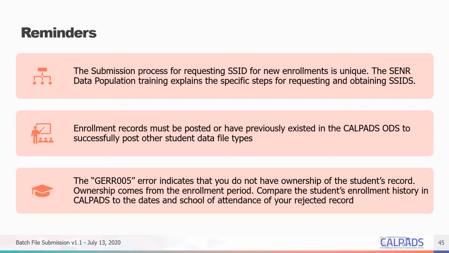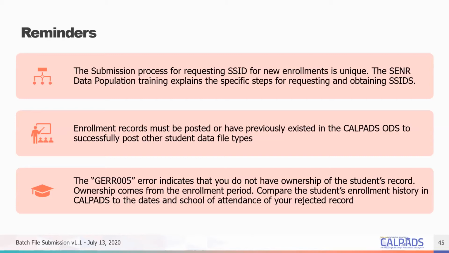There is a training called the SENR Data Population Training that will demonstrate and tell you how to request and obtain SSIDs. These SENR records or enrollment records must be posted or have previously existed in CalPADS to successfully post other student data file types.